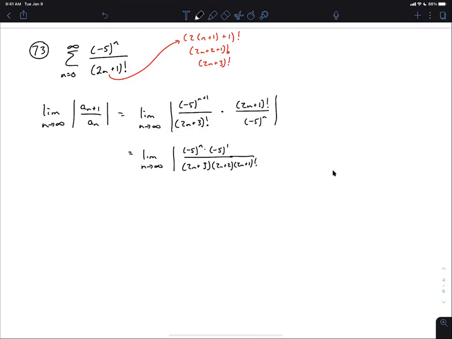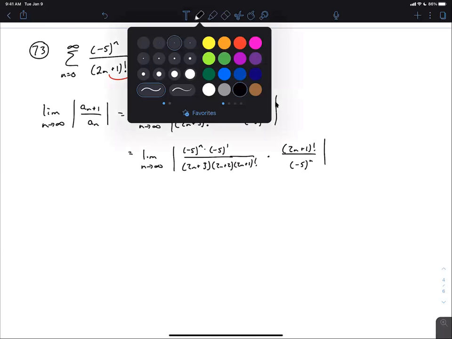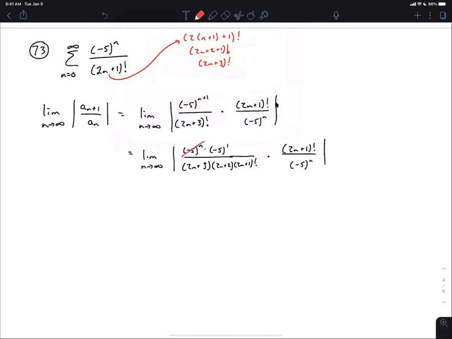So you remember you take the bigger one and then you keep going down by 1 until you get to the smaller one. So subtract 1 from that, you get 2n plus 2, subtract 1 again, you get 2n plus 1. Stop there because you want to cancel with this 2n plus 1 factorial. So now we've got 2n plus 1 factorial on the top and -5 to the n on the bottom. And now we're going to cancel the -5 to the n's. We're going to cancel the 2n plus 1 factorials.